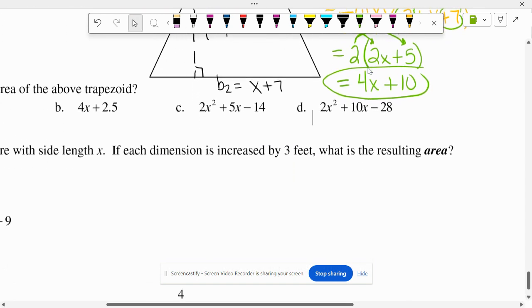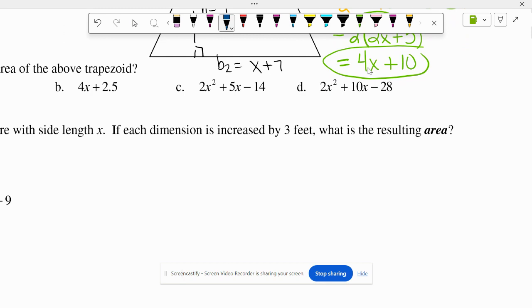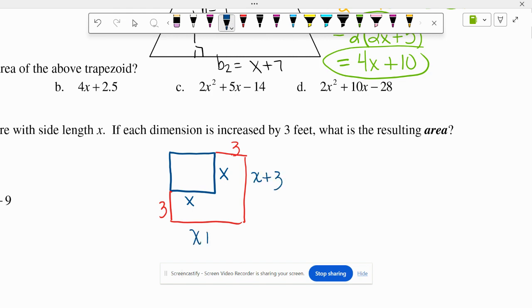Given a square, what do we know about squares? Yeah, they have the same side length. So given a square with side length x, each dimension is increased by 3. So what are my new measurements of my square? Yeah, x plus 3 times x plus 3, right? Well, we need to figure out the area. Tiana, you got it?